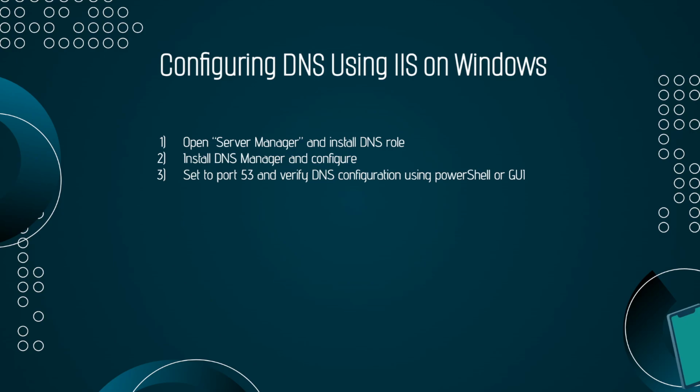The configuration can be verified using PowerShell commands or using the GUI within the IIS Manager. Once all that's complete, the Windows DNS server will be able to handle the domain names while also allowing admins to enforce security policies such as access restrictions and logging.